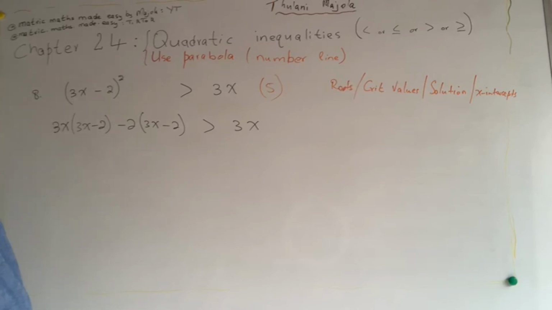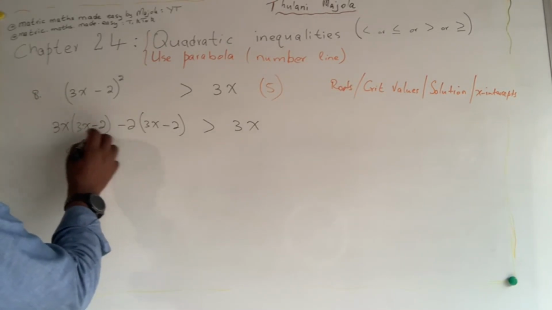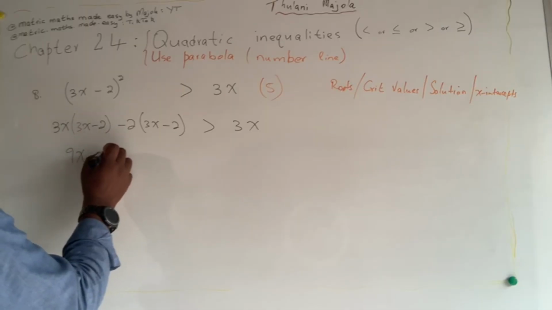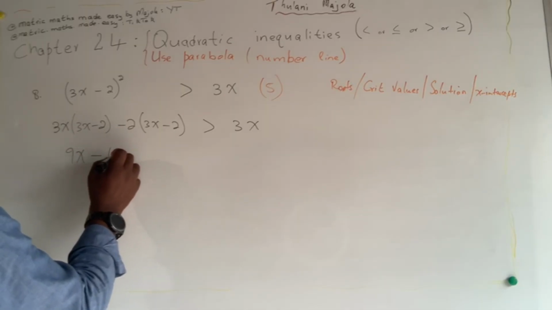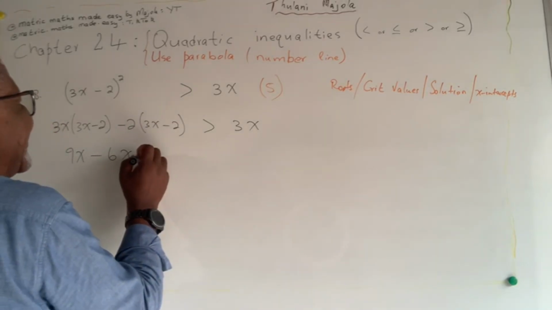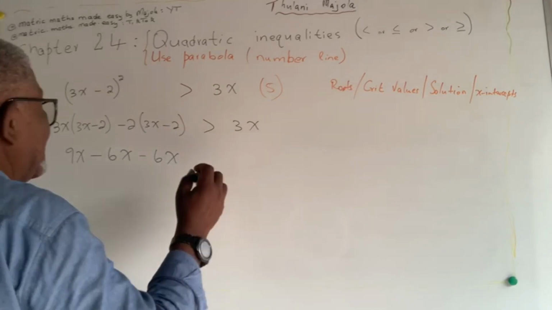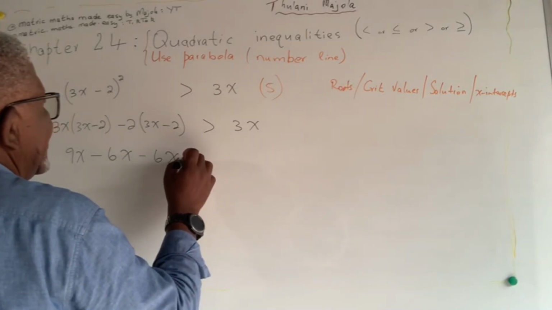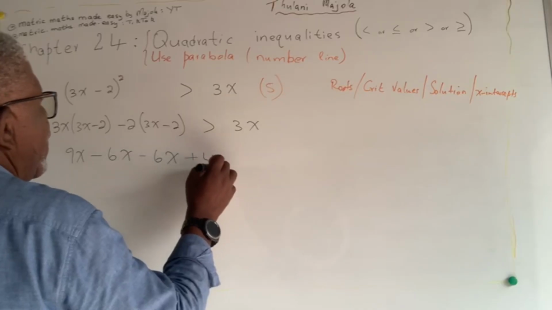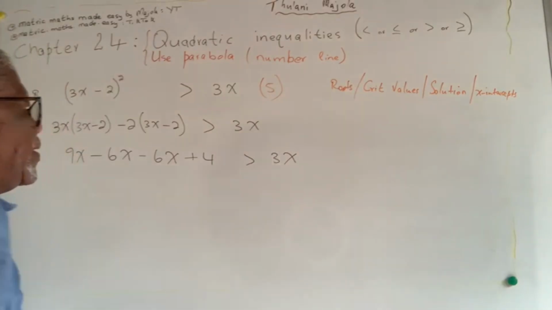So I've got 3x times 3x, which is 9x squared. 3x times negative 2 is negative 6x. Negative 2 times 3x is negative 6x. Negative 2 times negative 2 is positive 4, greater than 3x.